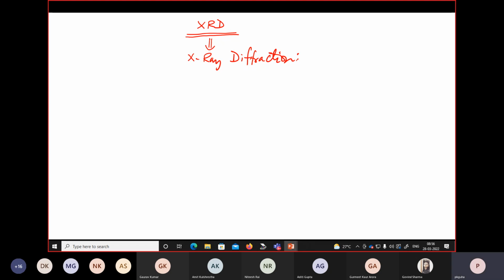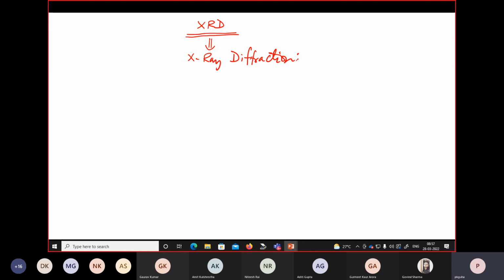So in this particular technique, we use X-rays, and what do we measure? We measure the crystal planes. So if you make a nanostructure and want to know what planes are present in it, you use XRD.